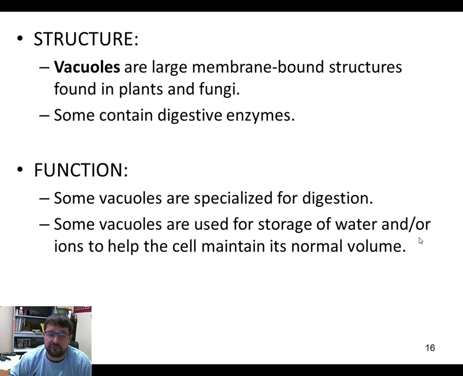Now these vacuoles, depending on the organism, can have multiple functionalities. In some cases, it will be used just for digestion of foreign bodies or food and things like that. You can think of things that have a fairly good vacuole system, digestive enzyme system: pitcher plants, Venus flytraps.